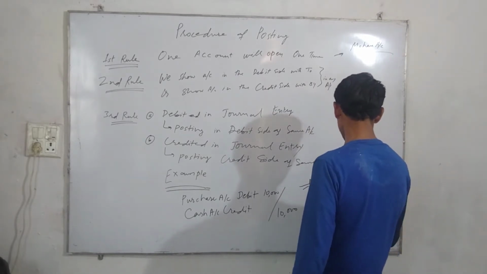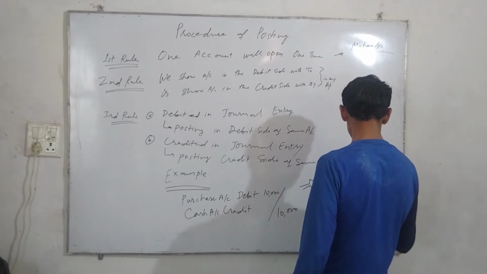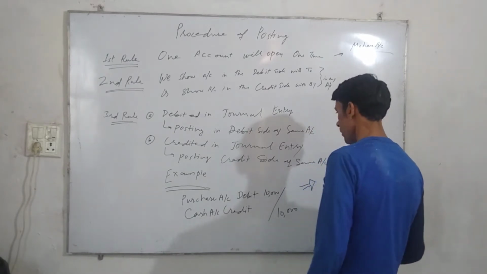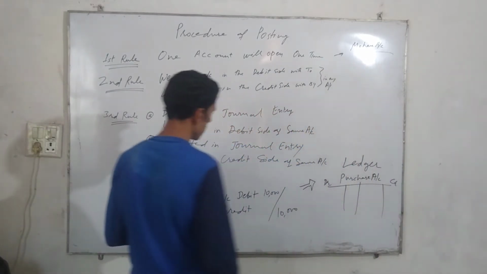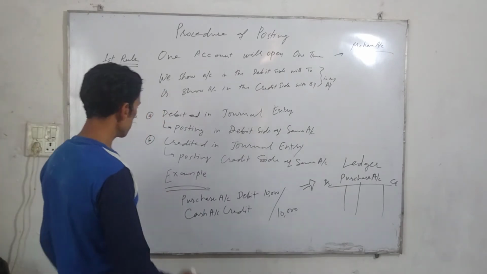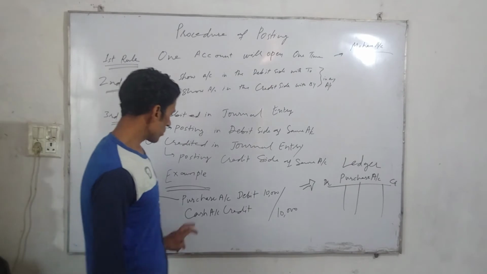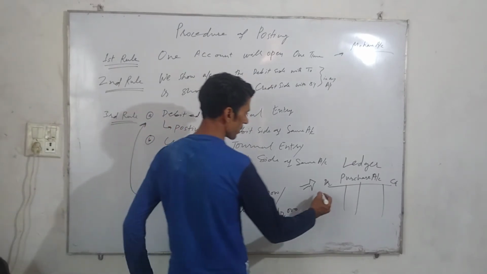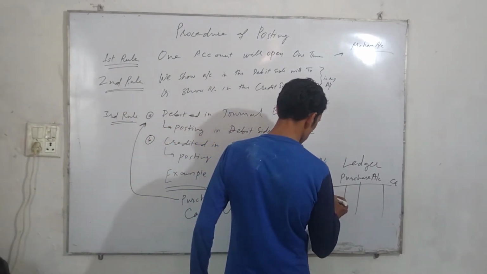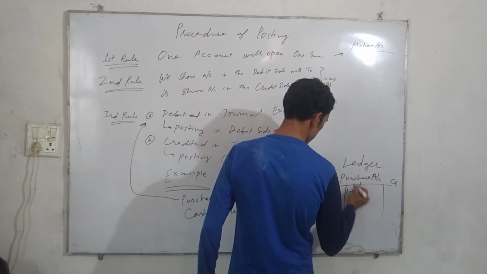This is a debit side and this is a credit side. Because this account is debit, this rule will apply. So the other account will be shown in this account: to cash account 10,000.